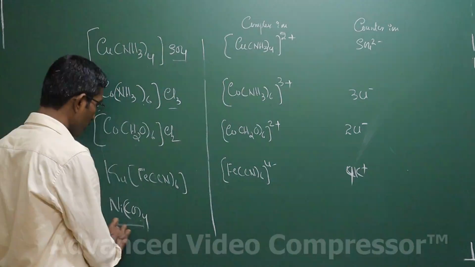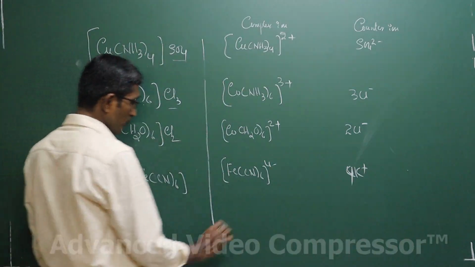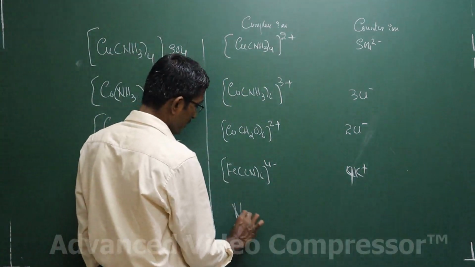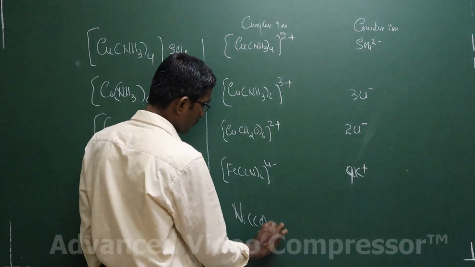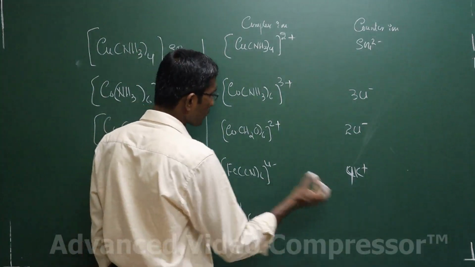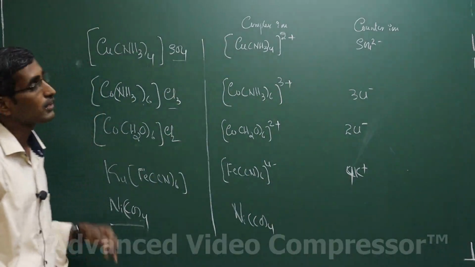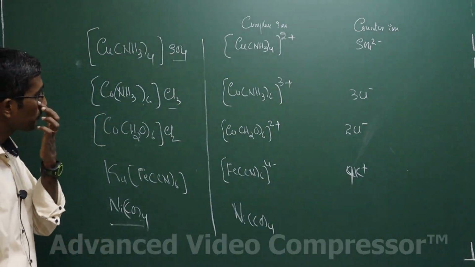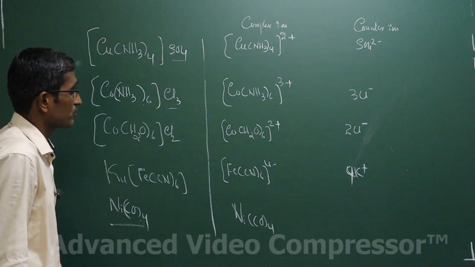Here it is a neutral complex, students. That is, we only have a complex ion, [Ni(CO)4]. Charge on the complex is 0, so you don't need any counter ion for this. Very clear?